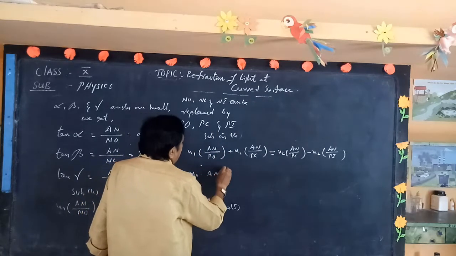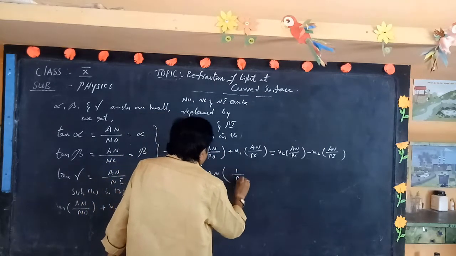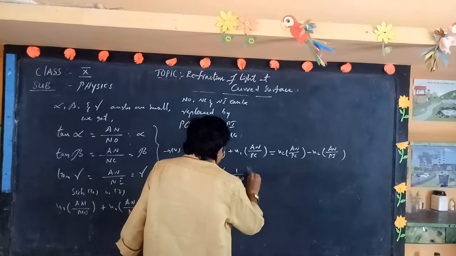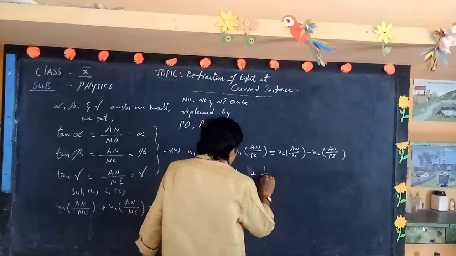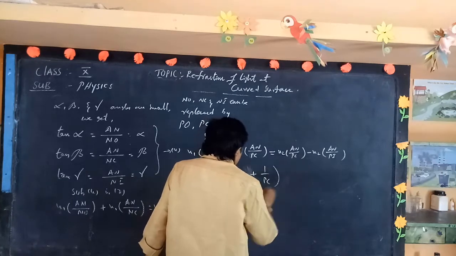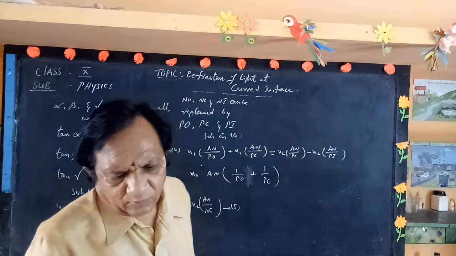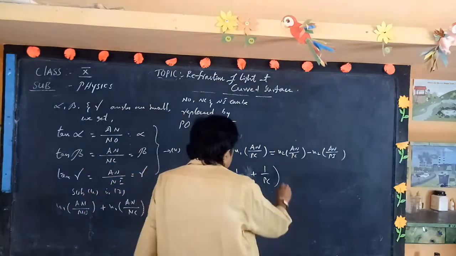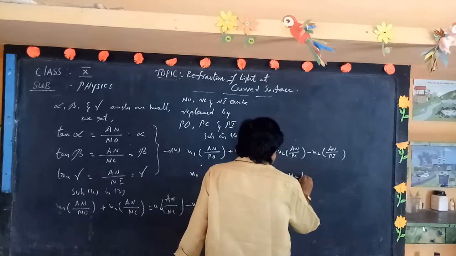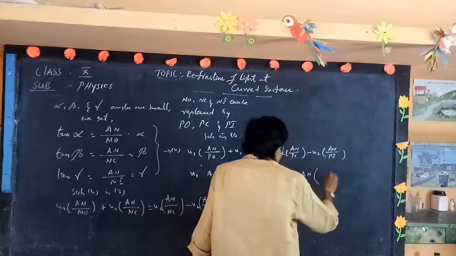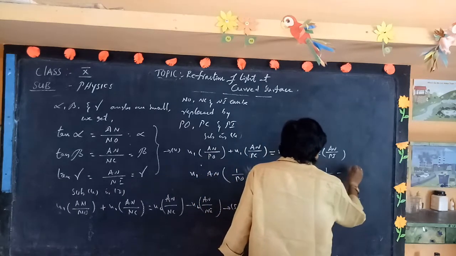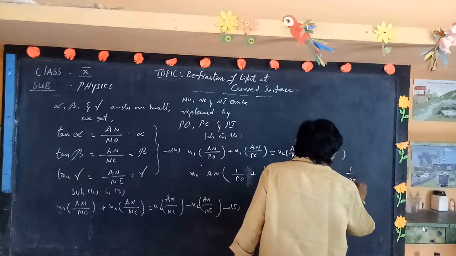n1 into an, take off, what do you get? 1 by PO plus 1 by PC is equal to n2 into an into 1 by PC minus 1 by PI.